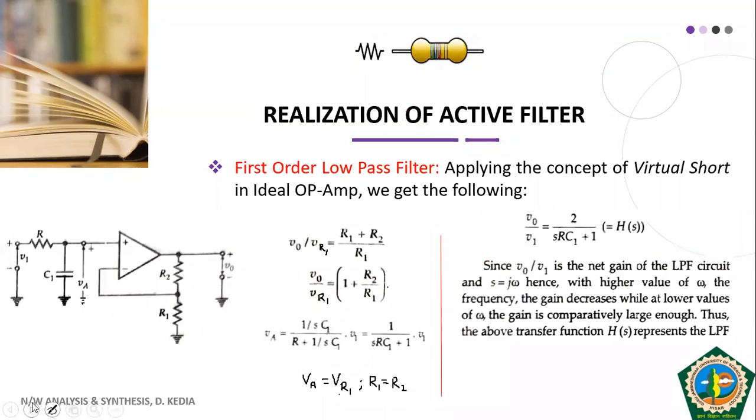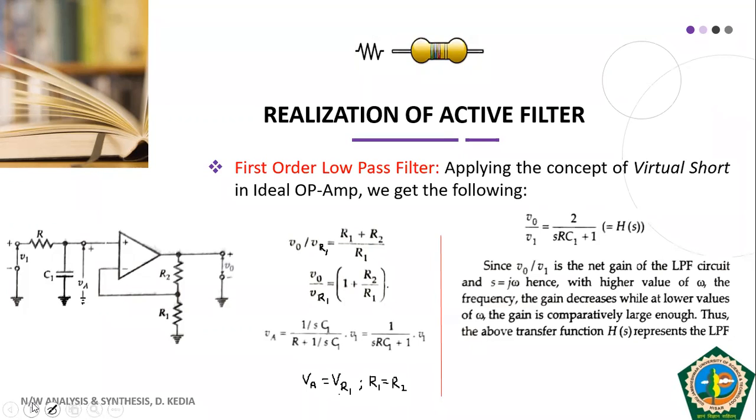Now we try to look at the circuits of active filters. We will look at the circuit of the first order low pass filter, first order high pass filter, first order band pass filter, and first order band stop filter. If we are aware of the concepts of the operational amplifier, then it will be a very easy job to understand the working of these active filters.